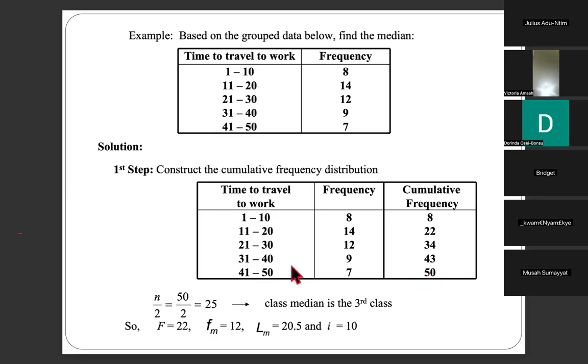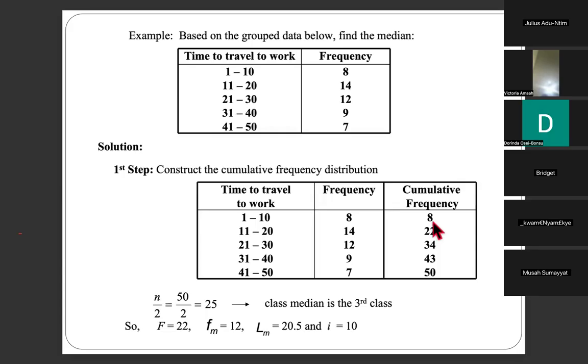Now, if the people that we are looking at are 50, where will our middle value lie? Our middle value will lie where we take the 50 and divide it by 2. It means that the middle of the 50 will be at the 25th position.